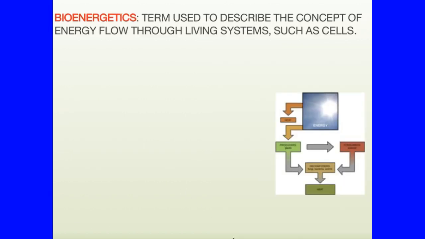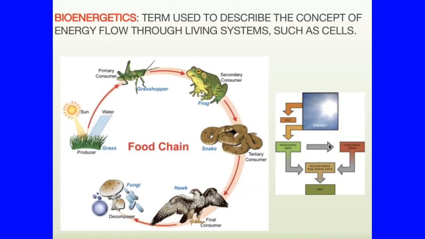So, what is the term they use when they're talking about energy flowing from one form to another? It's actually bioenergetics. It's a term used to describe the concept of energy flow through living systems such as cells. Right here would be a really good bioenergetic flow to follow, so you can see the transfer of energy from one form to the other.